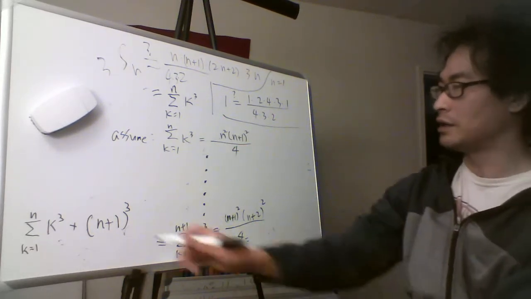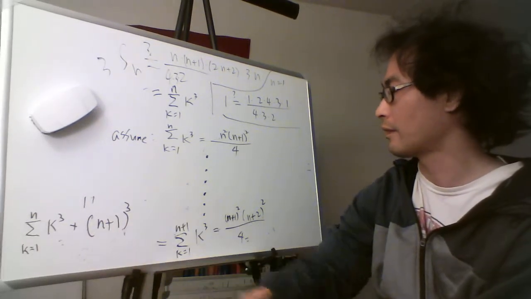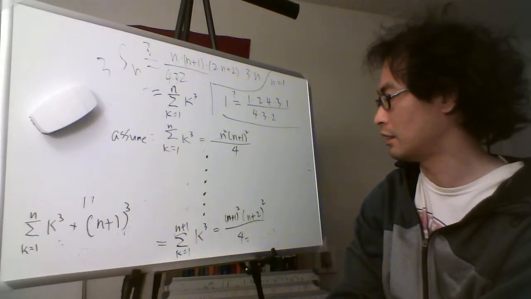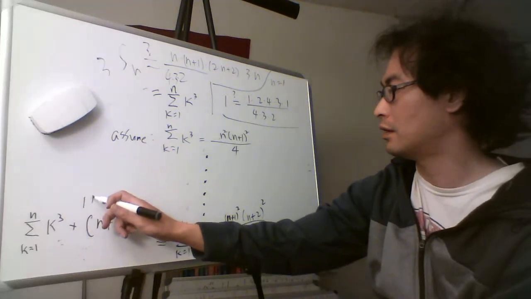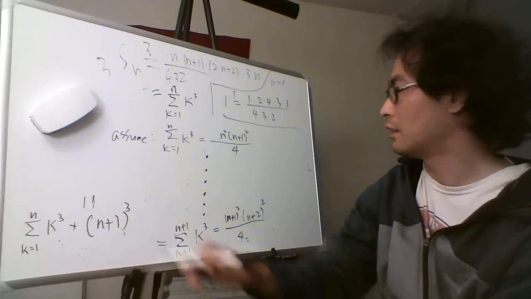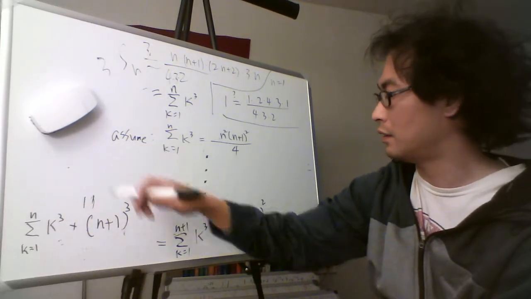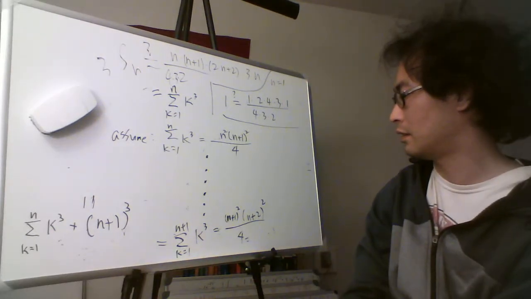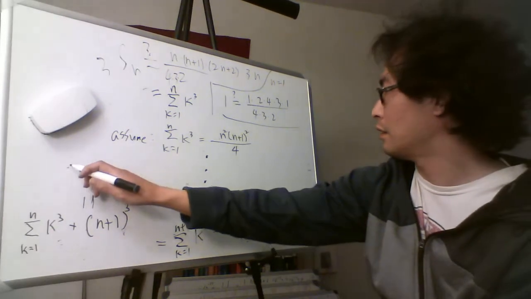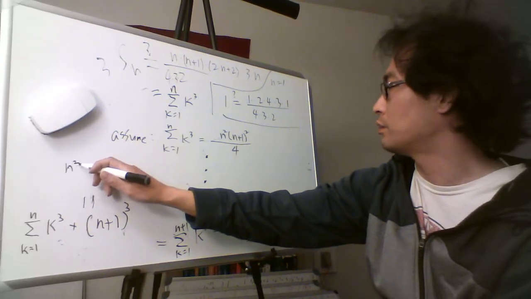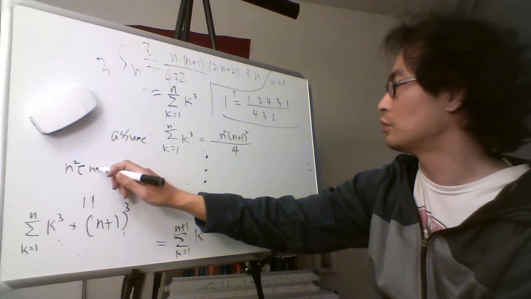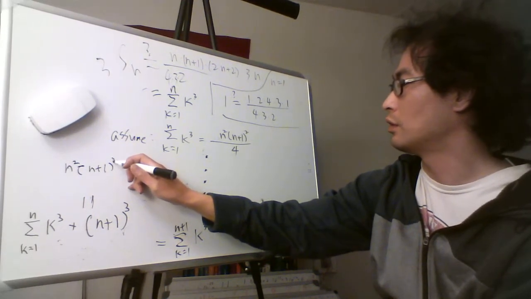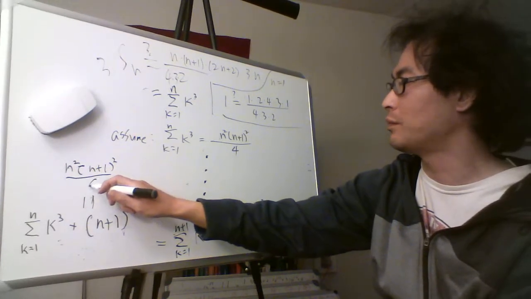So this guy is equal to n squared times n plus 1 squared over 4. Okay, it's a very pretty formula.